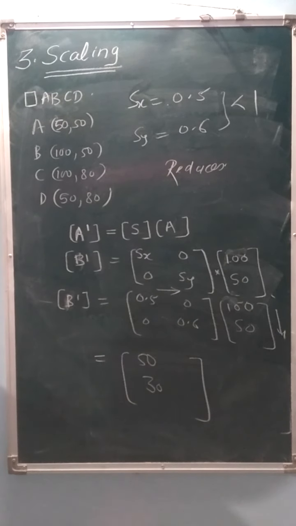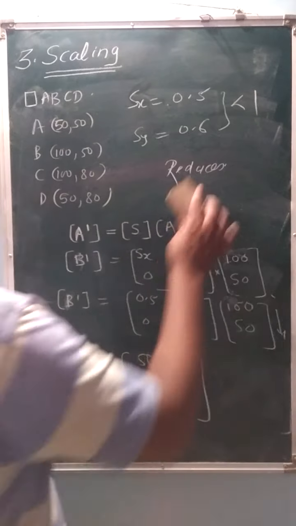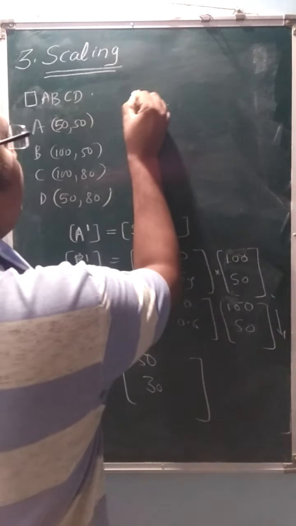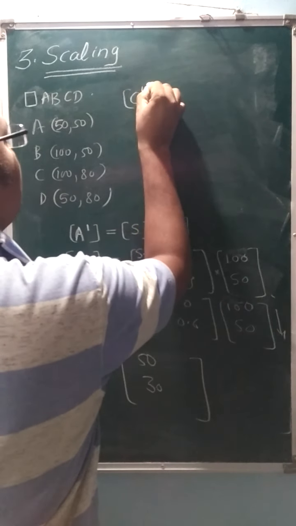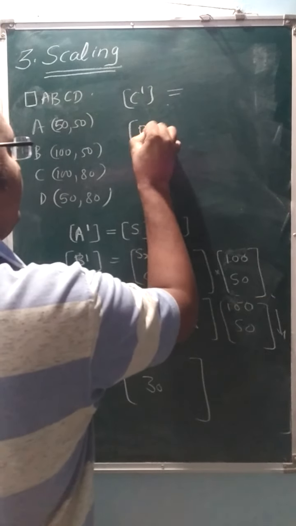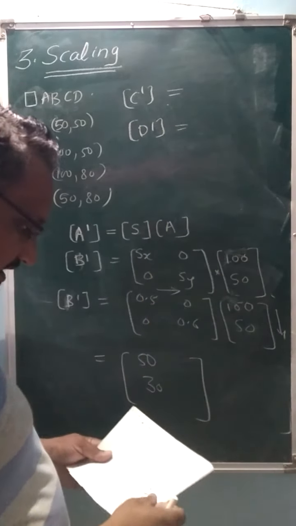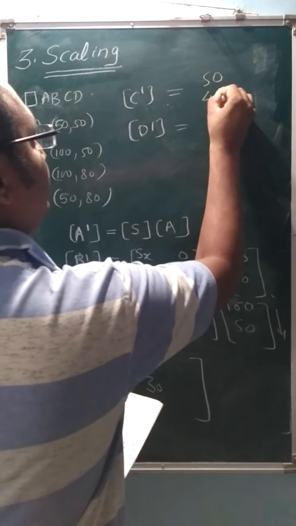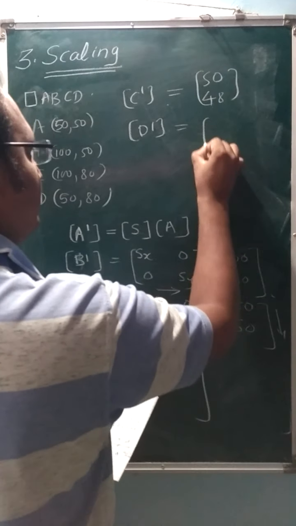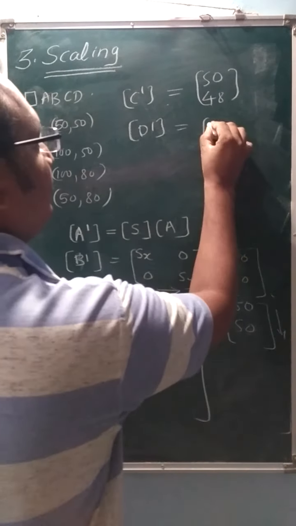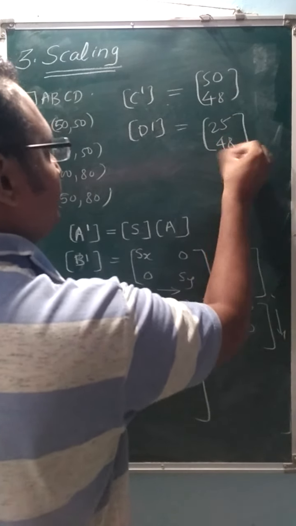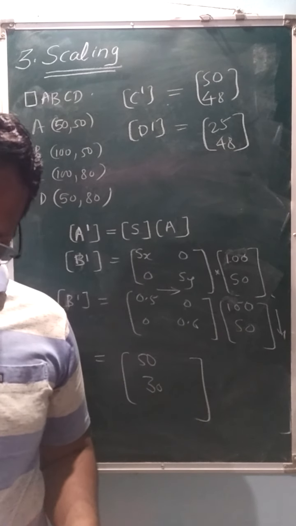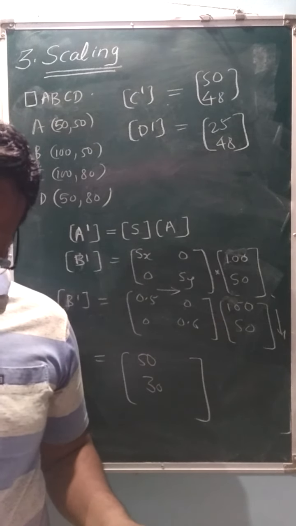Similarly, the remaining coordinates are C dash equals 50, 48 and D dash equals 25, 48. Thus, the scaling transformation is over.